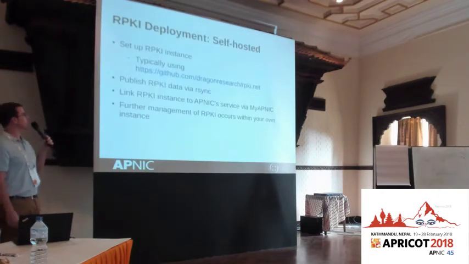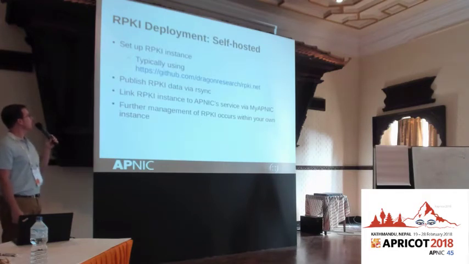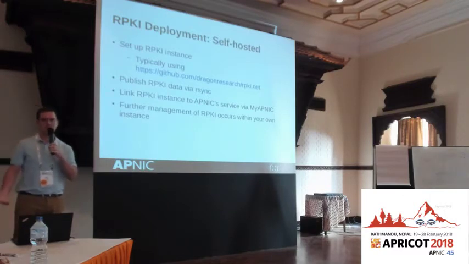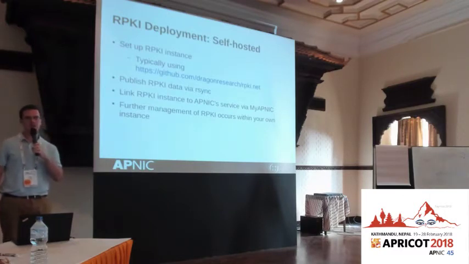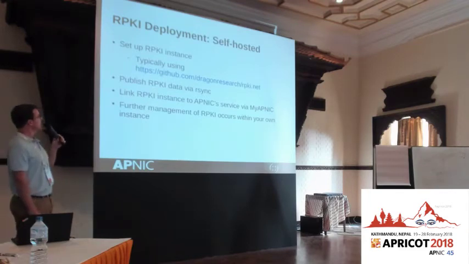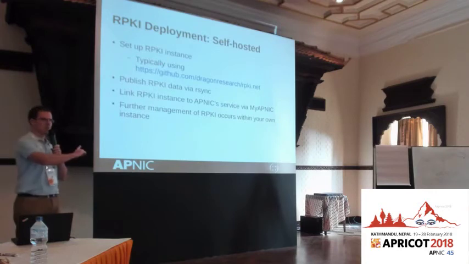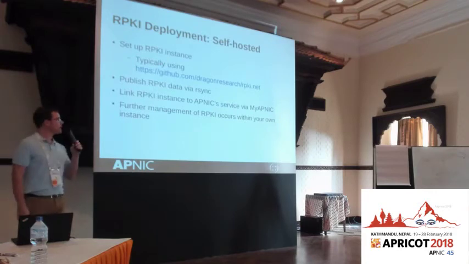The other approach is to use a self-hosted engine. At a high level, this involves 4 steps. The first one is to actually set up RPKI CA software on your own servers. Typically, that's using the RPKI.net engine, which you can get at that link just there.